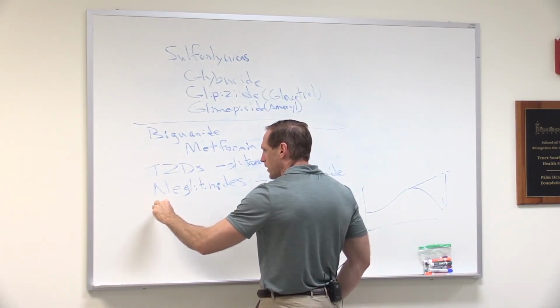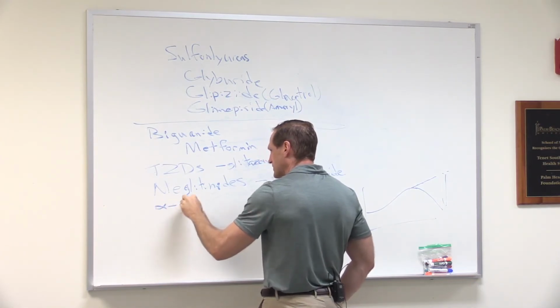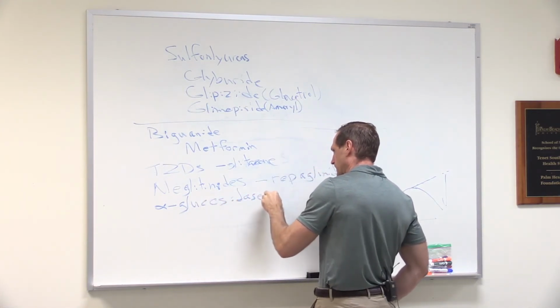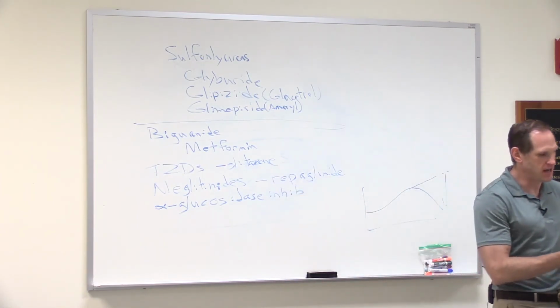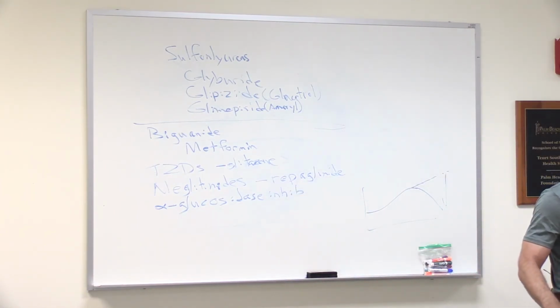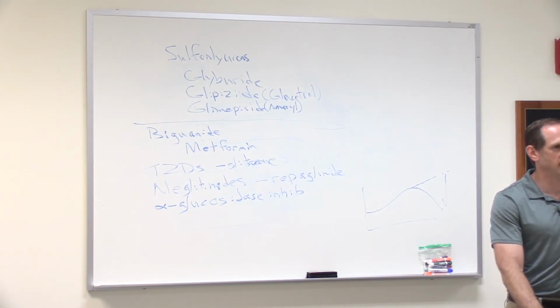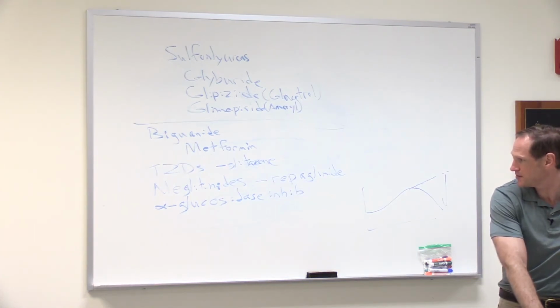The next one are alpha glucosidase inhibitors. Now, what the heck is alpha glucosidase? It's an enzyme that breaks down glucosides.